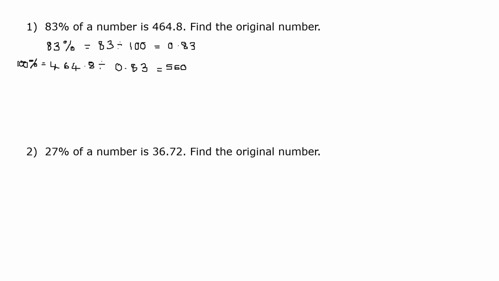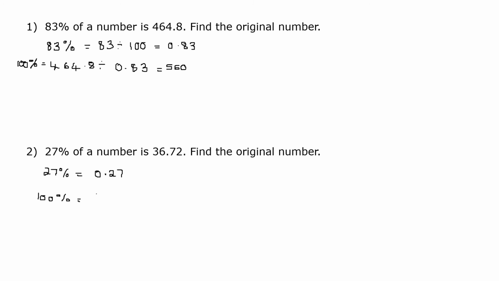Question 2. 27% of a number is 36.72. Find the original number. So let's express our percentage as a decimal again. So we're going to divide by 100. So that's going to give us 0.27. Now we need to find 100%.